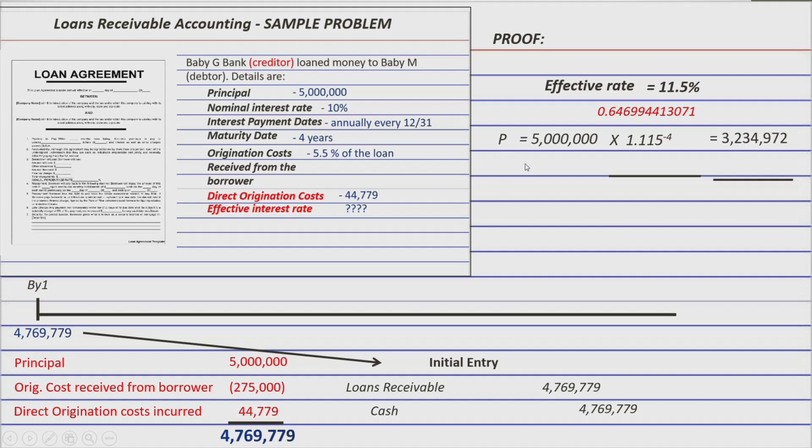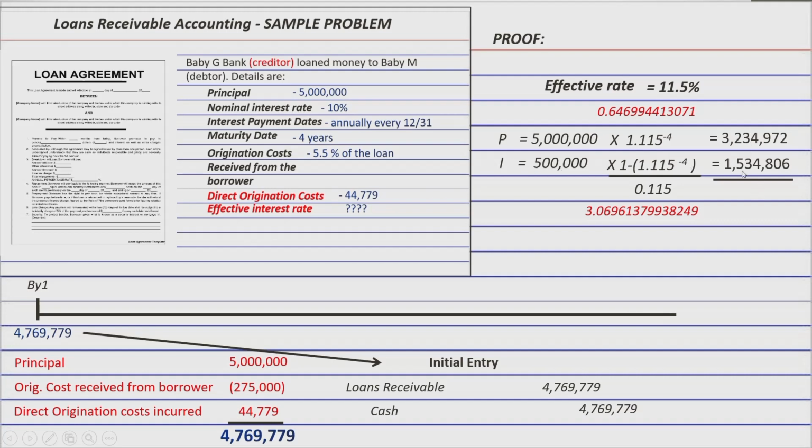And as to interest, we have 500,000 times 1 minus 1.115 raised to the power of negative 4 divided by 0.115, or this present value right here, equals 1,534,806. So that's the present value of the interest.